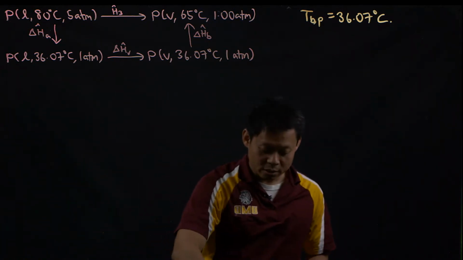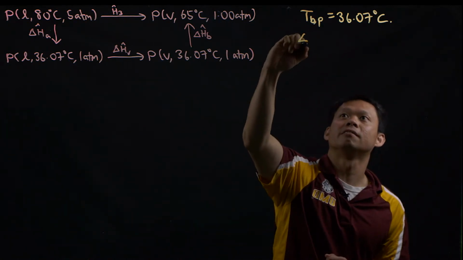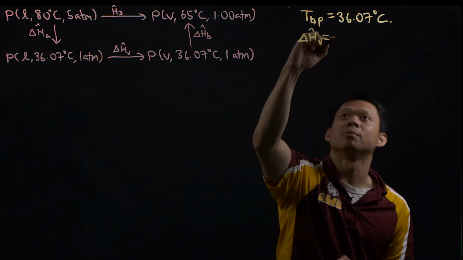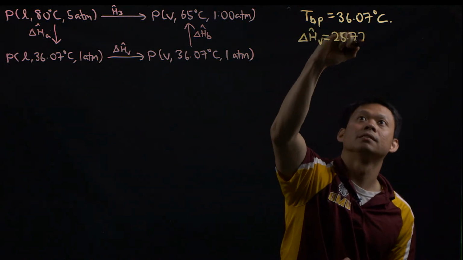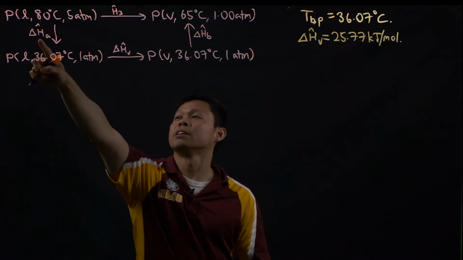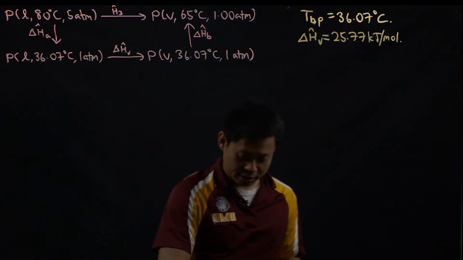This delta HV you can look up in the table in the back of the book, and for the latent heat of vaporization of pentane, we have 25.77 kilojoules per mole. Now we need to figure out delta HA and delta HB. Then we sum up the three of them to get our H3.